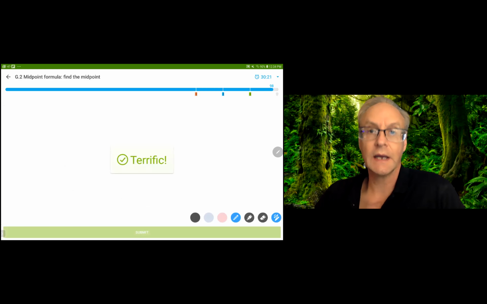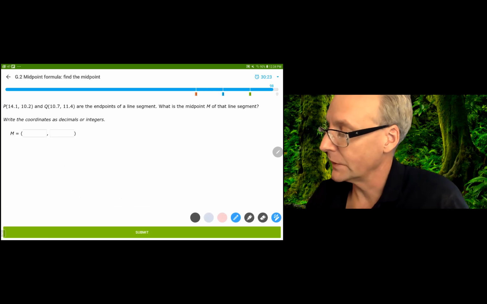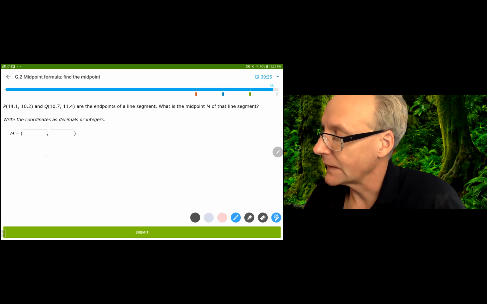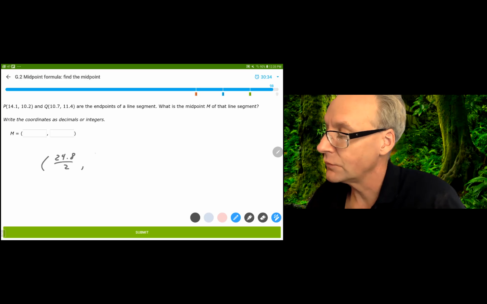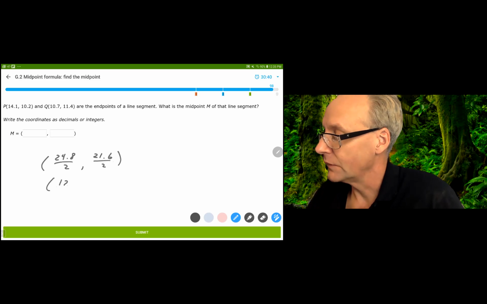Hope you'll give it a try. Looks like we've got 2 more, darn. All right, so it looks like we're looking at 24.8 over 2. And my y values, it looks like I've got 21.6 over 2. That's going to be 12.4. When I divide this one by 2, I'm going to get 10.8.